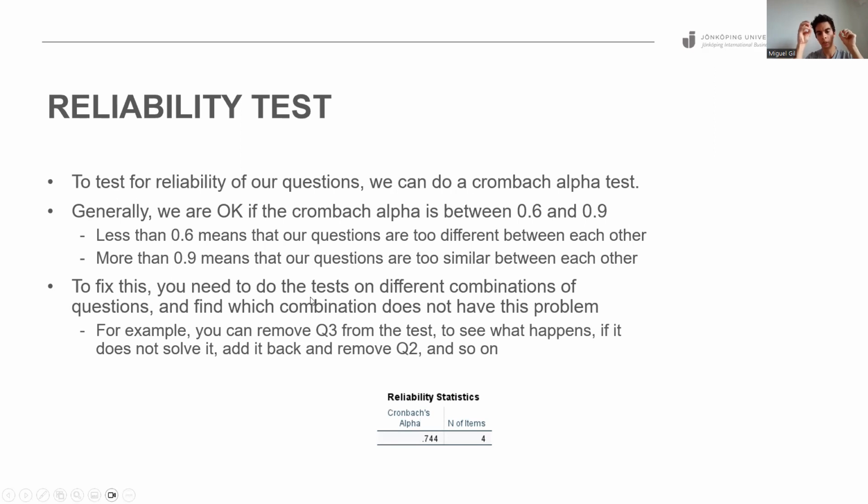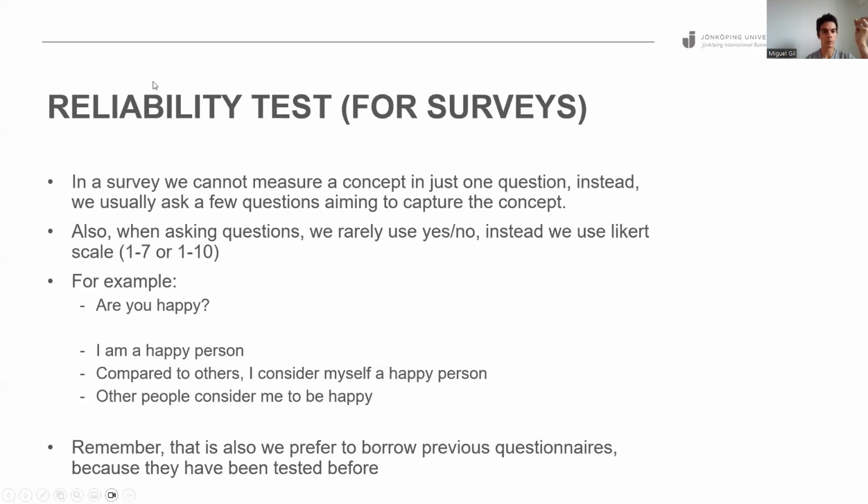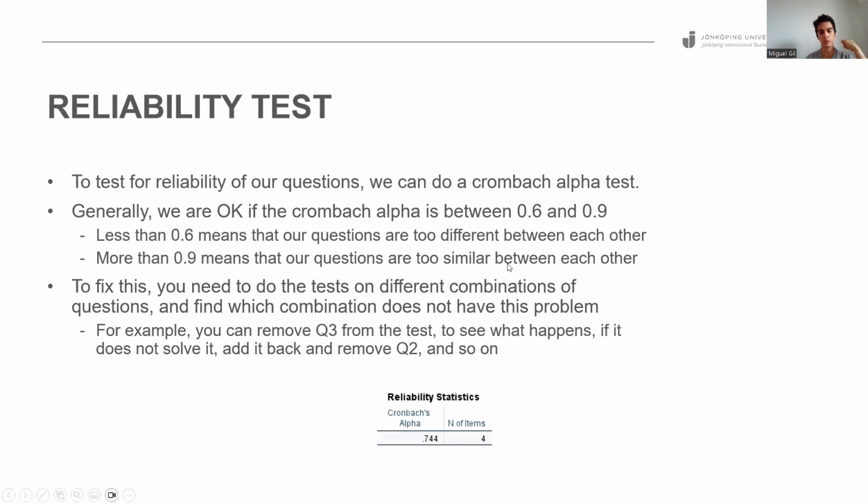You don't have to totally get it right now because you will practice in the lab, but make sure that you understand this concept of reliability, which is for surveys, why we need to test for it, and how to fix it in case something comes up. If you understand that, I think that's fine. Later with practice, it will be clearer how to calculate and evaluate all of this. But until now, I think we can move on to the next point.